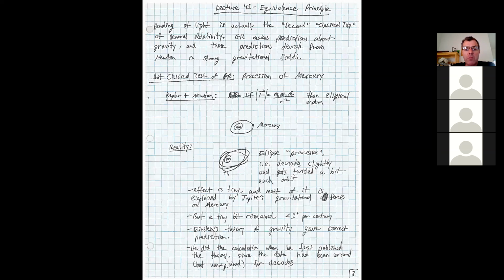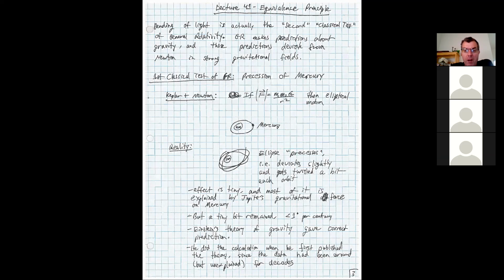Well, over the centuries, people had gathered good data and they'd watched the orbit of Mercury. And they had done calculations to account for the effects of Jupiter. And the effects of Jupiter explained most of it. But there was still just a little bit of discrepancy that they couldn't quite account for. And their measurements had gotten quite good. And we're talking substantially less than a degree per century.